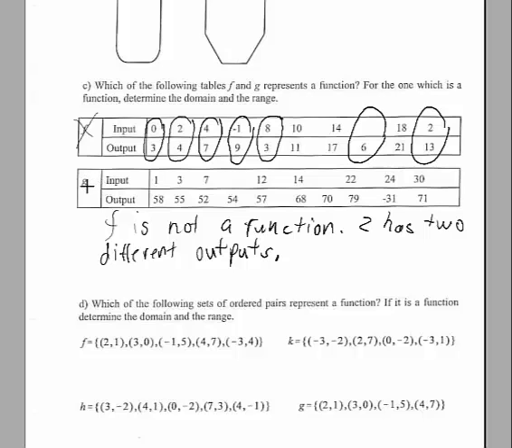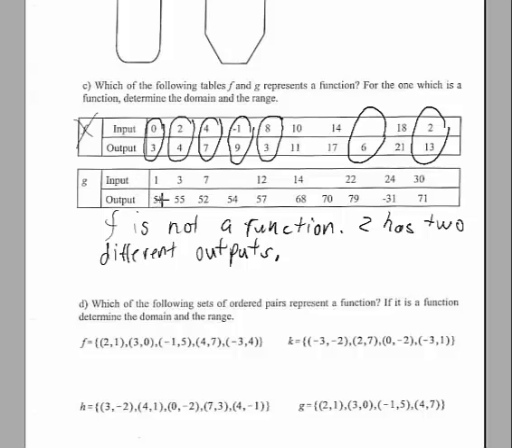Alright, what about G? Well, if you look down through the inputs for G, 1, 3, 7, 12, 14, 22, 24, and 30. They always increase, so we never repeat. We don't repeat any of these inputs. Let's see if any of the outputs repeat.